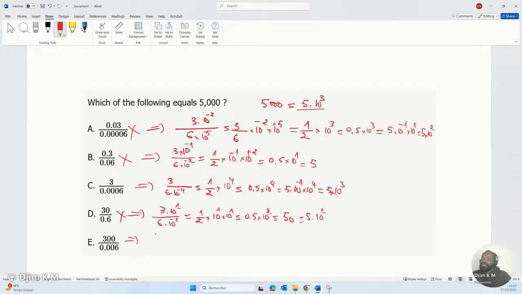And this will also not be our answer. Times 10 to the power 1, 2, 3, minus 3.